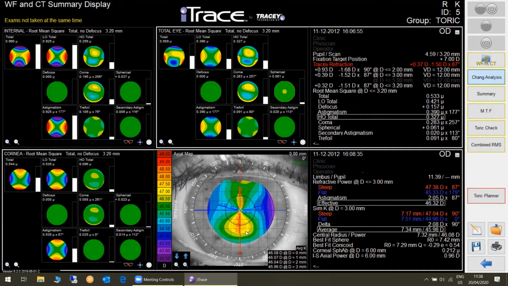And what does an IOL master do? It will measure the highest point. And here they find 47.8. And the flat axis is at 90 degrees, which is 45. So that's 2.8 diopters. But if you correct 2.8, and here you only need 1.3, you're overcorrecting with 1.5 diopters.